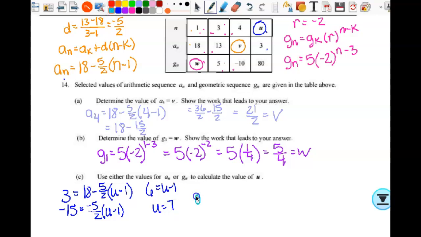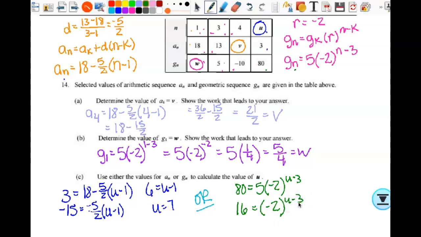Or we could use our geometric and say G sub n, which is 80, is equal to 5 times negative 2 to the U minus 3 power. So I'm going to divide both sides by 5 and get 16 equals negative 2 to the U minus 3 power.